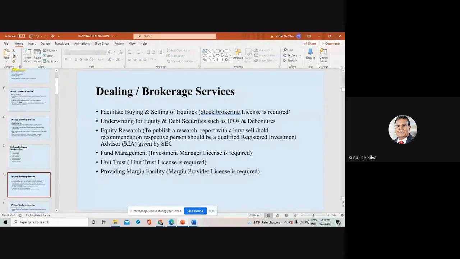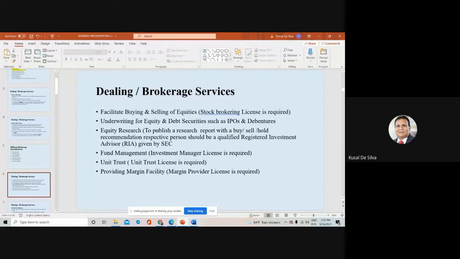Out of your portfolio value, your service provider or your broker will provide you a special facility to lend money based on the value of your portfolio. 30% you can immediately take as a loan.